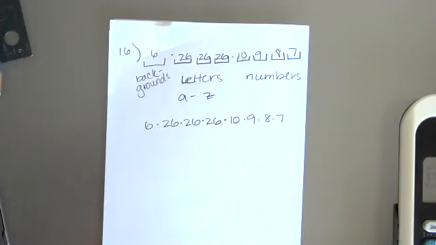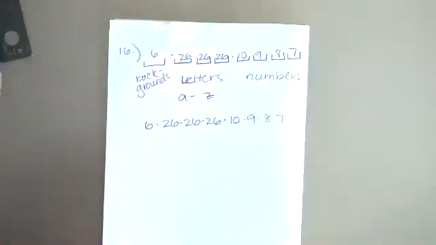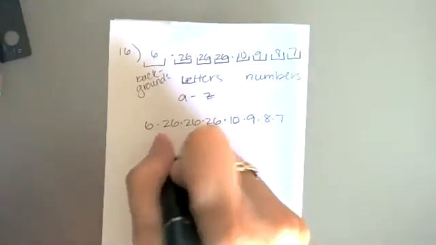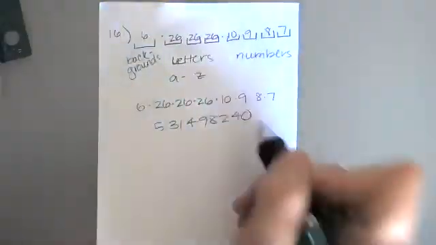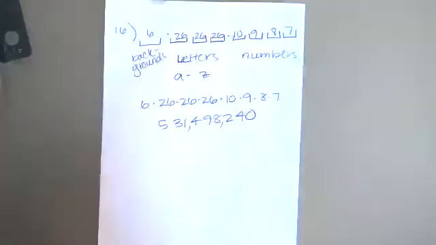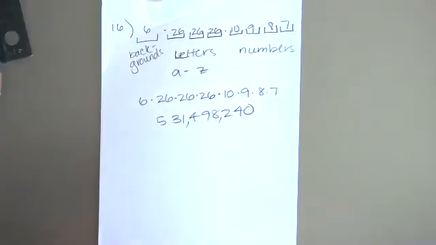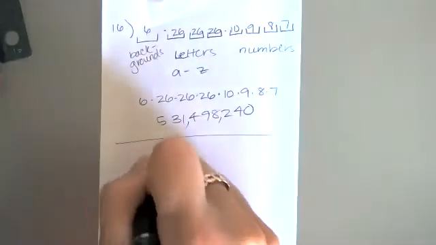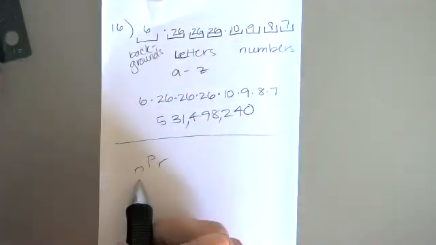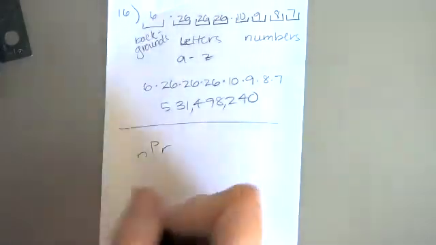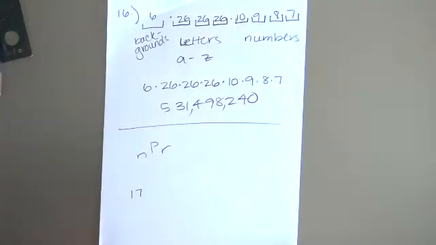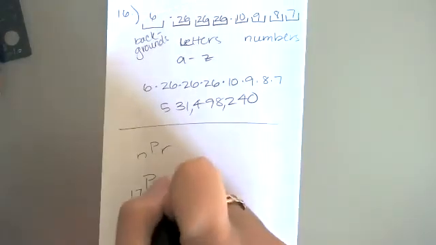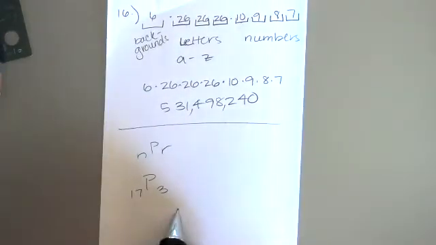But when we use the nPr formula, we have a total of 17 things, and then we're only choosing some of those 17 things.